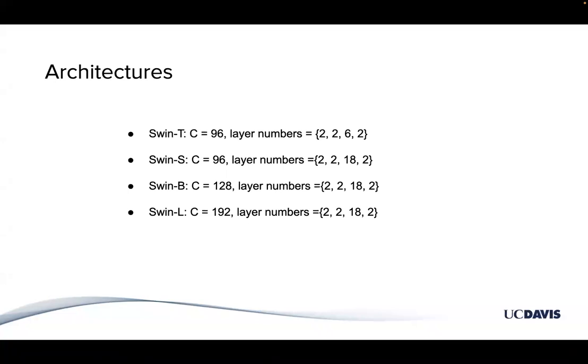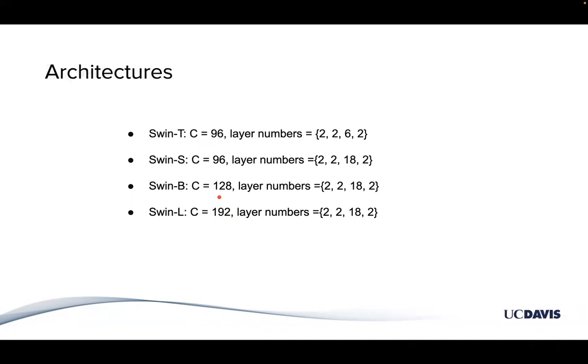The model sizes are controlled by the size C here, that is the initial feature map channel size. They start with 96, and as the depth of the Swin Transformer increases, they increase the channel size as well.